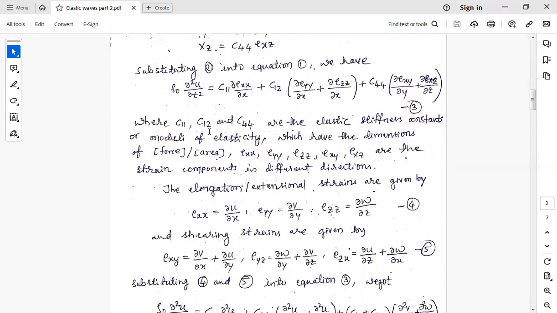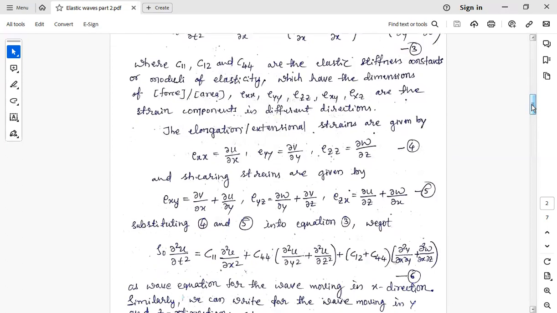Here C11, C12, C44 are the elastic stiffness constants, also called the moduli of elasticity. And exx, eyy, ezz, exy, exz are the strain components in different directions.